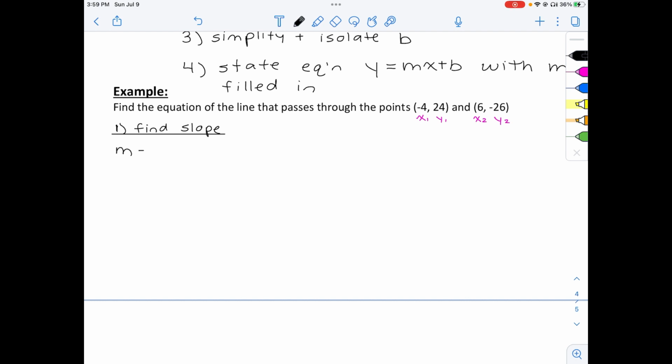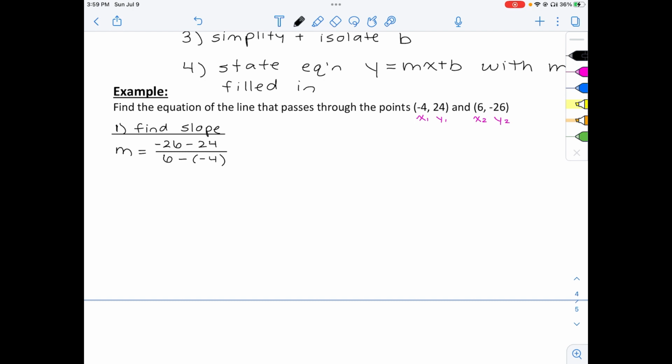Okay, so m is equal to, let's do -26, subtract 24, over 6, subtract -4. Here we've got a situation where we are subtracting a negative, so we just need to be careful with the signs.